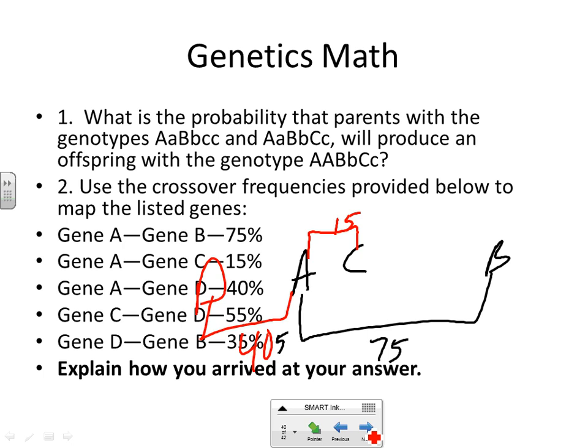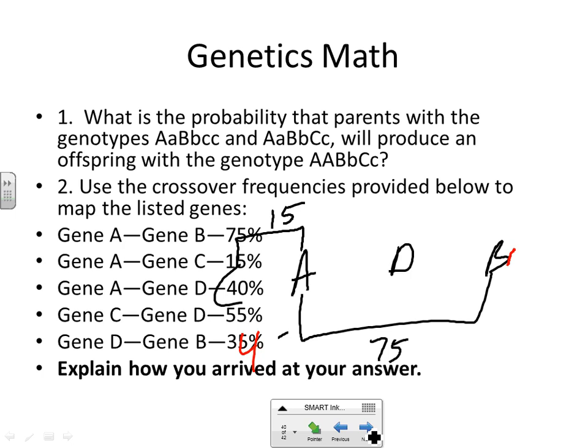So let's see if the rest of it works. If D's here and B's here, does that work? That doesn't work, right? So what we've got to do then is move two of these around. C's going to have to be here. And that distance is 15. D's going to have to be in here.